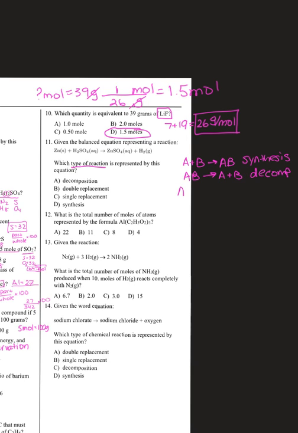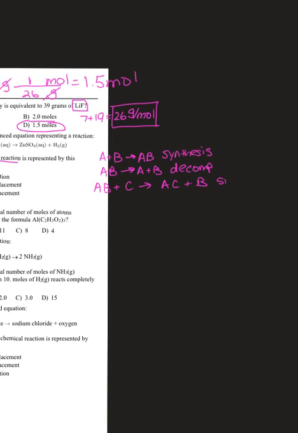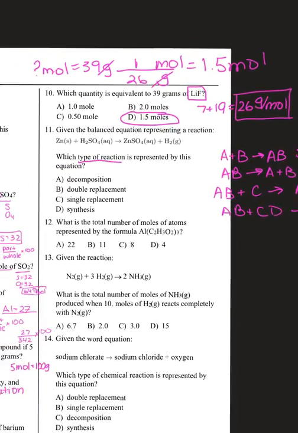We have AB plus C, giving us AC plus B. This is single replacement. We have AB plus CD, giving us AD plus BC. This is a double replacement. And I'm not going to even do composition right now.